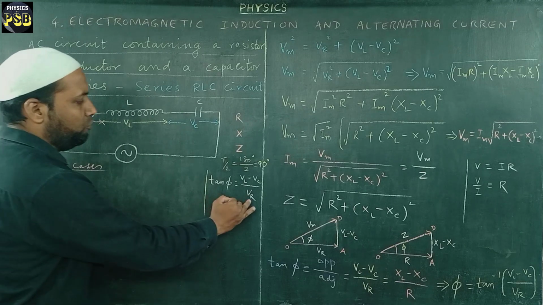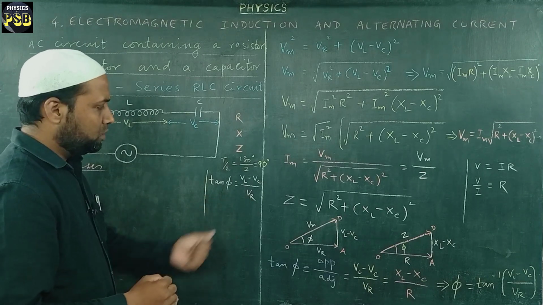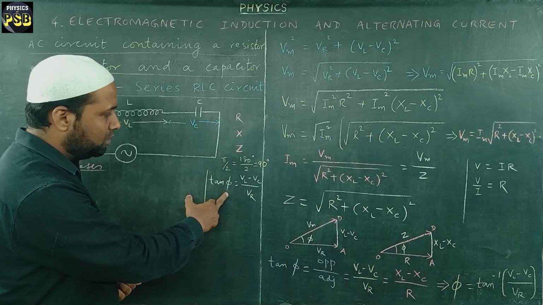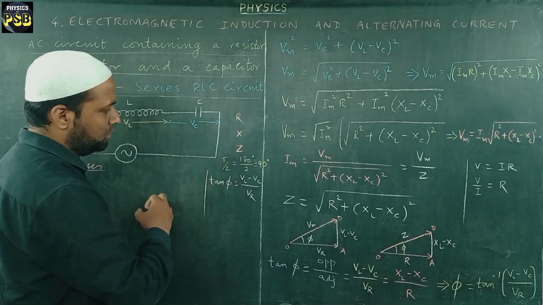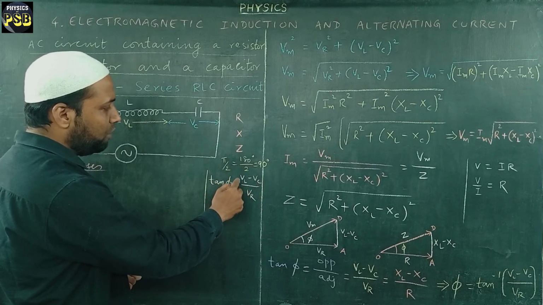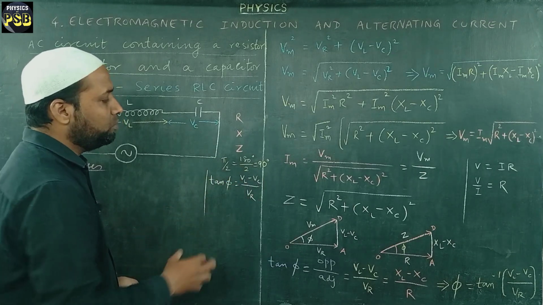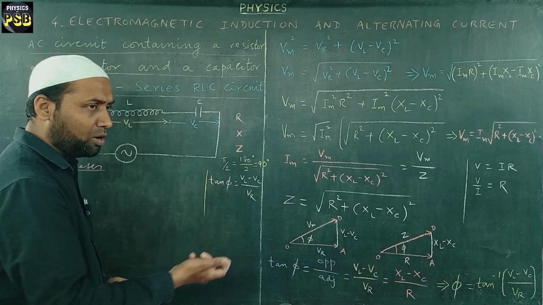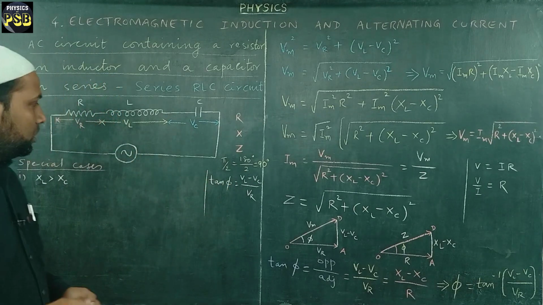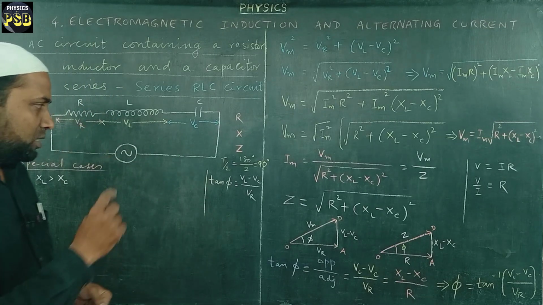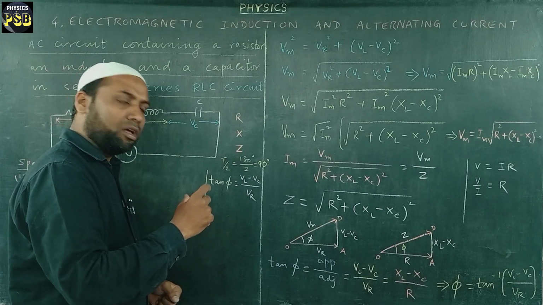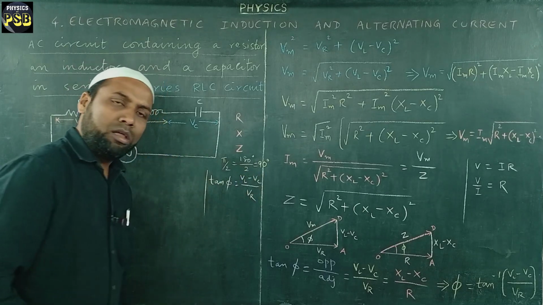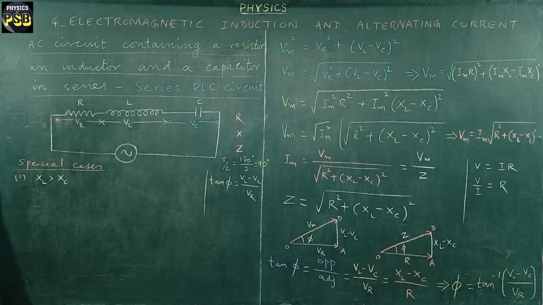Now here VR is present in the denominator, so the value of phi, the phase angle, depends on the terms present in the numerator. In the numerator we have VL and VC. That's why I told you that the phase angle, or what type of circuit it is, can be easily found if you know the value of VL and VC.